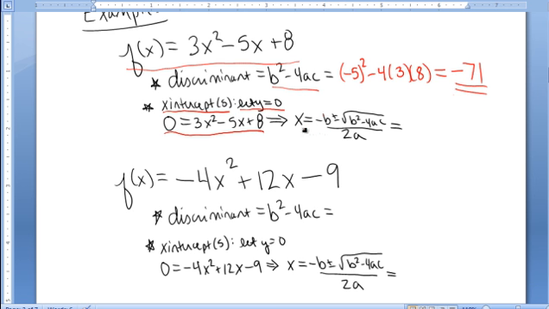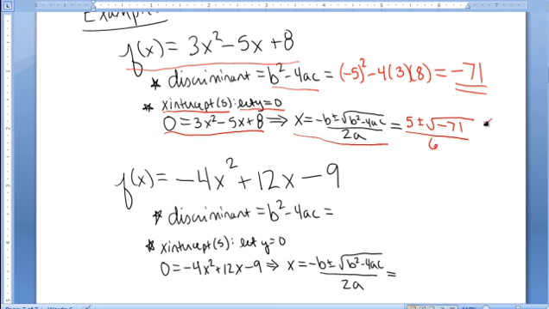The quadratic formula says if 0 equals ax squared plus bx plus c, then x equals negative b plus or minus square root of b squared minus 4ac all over 2a. And so our x equals negative b, which is 5, plus or minus square root of, and we found the number underneath the radical, the b squared minus 4ac, was negative 71, all over 2 times 3, or just 6.